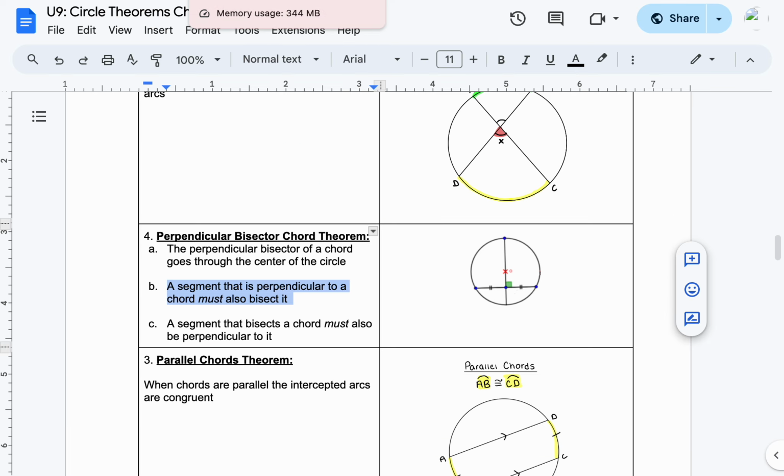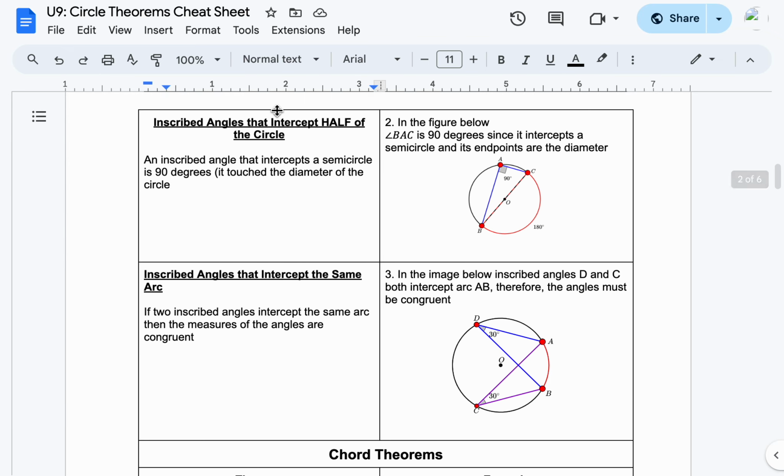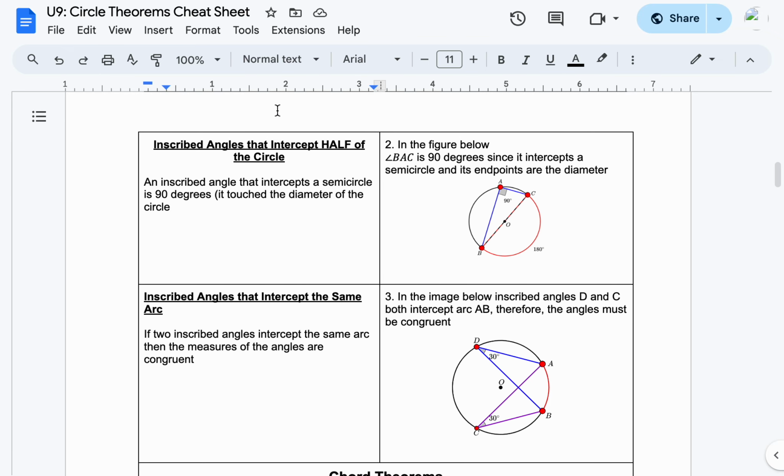Now, if we go to our inscribed angle theorems, which are over here, it says an inscribed angle that intercepts a semicircle is 90 degrees. And it says if it touches the diameter of the circle, right?